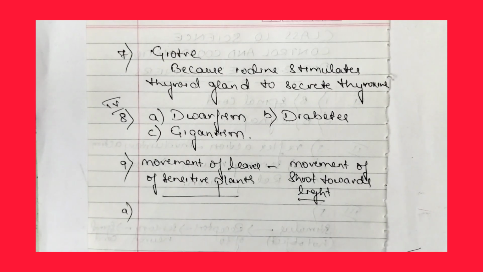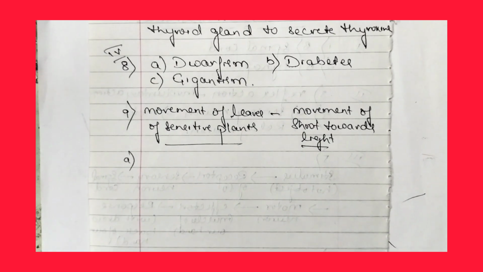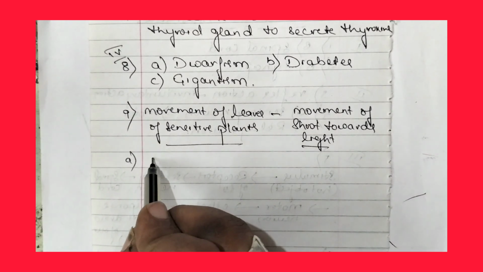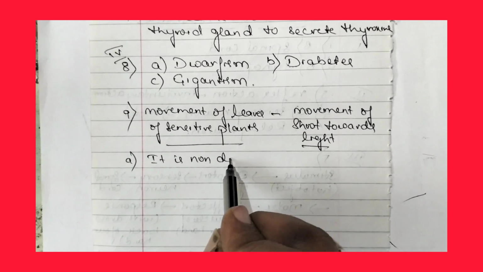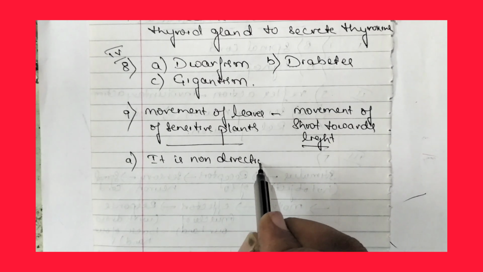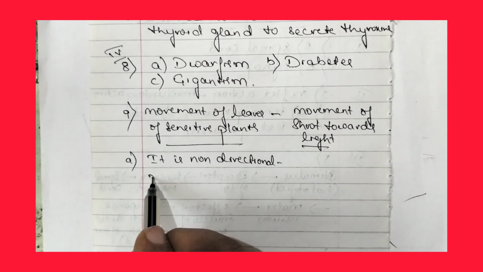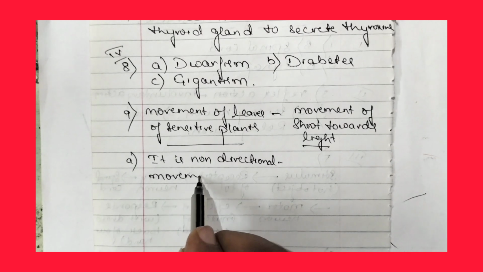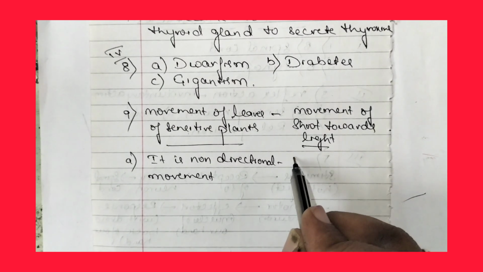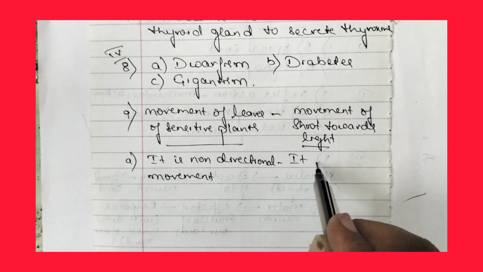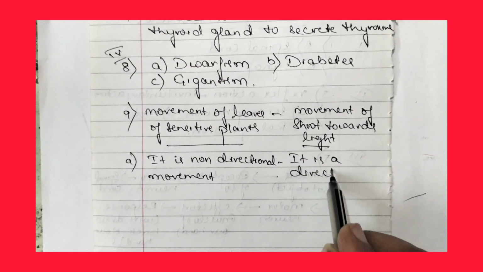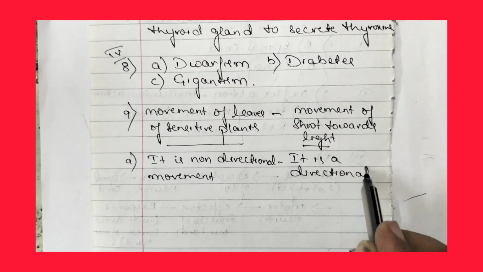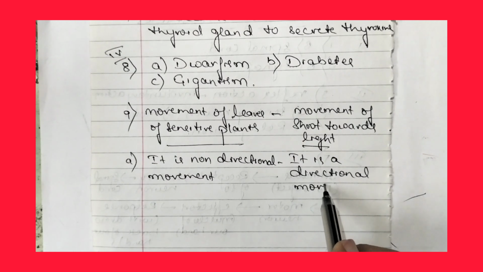The first difference between them is, the movement of leaves of sensitive plant is a non-directional movement. The movement of shoot towards light is a directional movement.